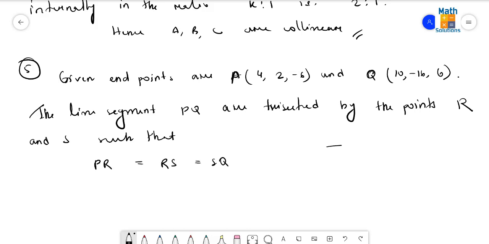How could we say that? See, this is the line segment PQ. In between, I am placing 2 points R and S such that all these 3 parts are equal.